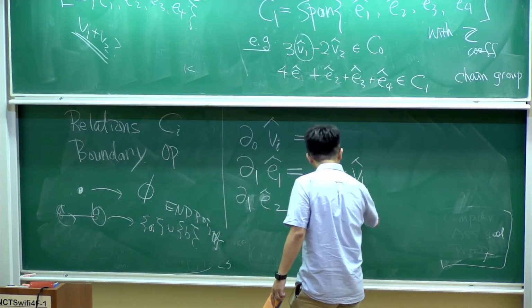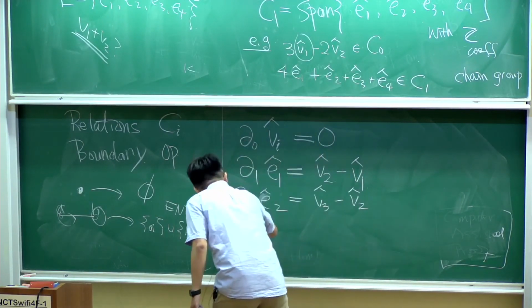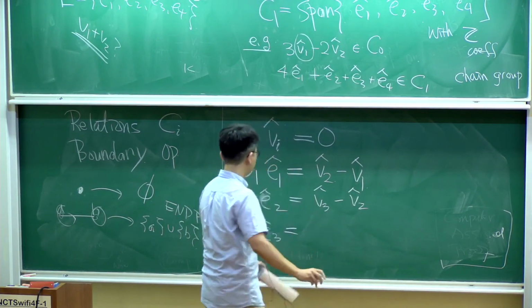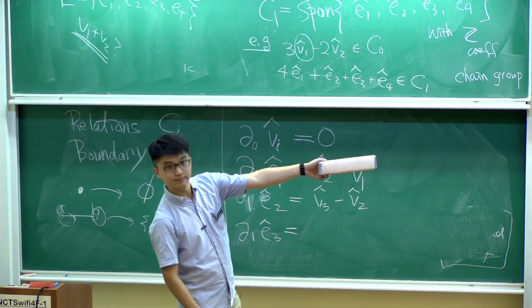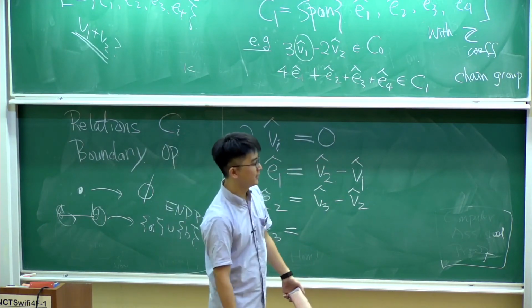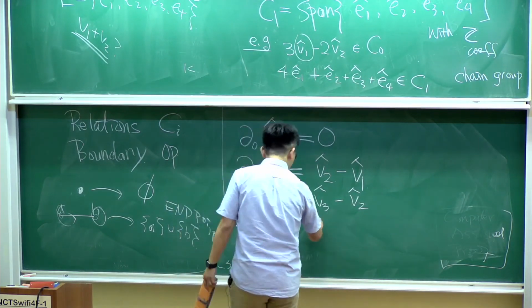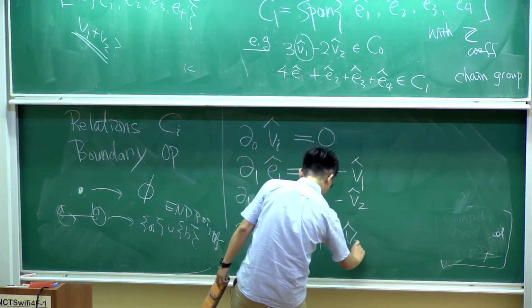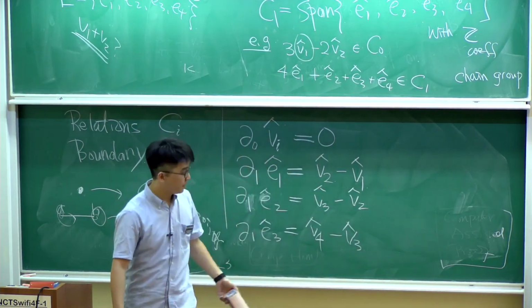V3 minus V2, and the boundary of E3, can you help me? What would that be? V4 minus V3, thank you, right.